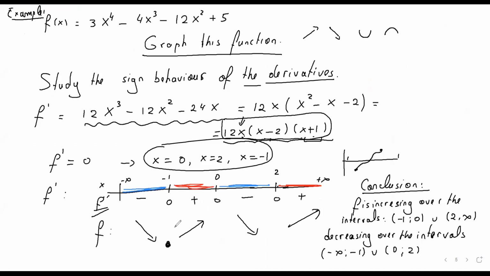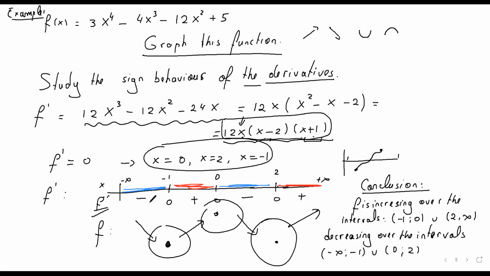It tells us that right above -1 or below -1 for that matter, we're going to have a local minimum because the function is going down and then going up. So it stops there at that point. And likewise here at 0, there's going to be a local maximum because of the same behavior. And likewise here at 2, there's going to be a local minimum. So we can actually say what these points of local minimum and maximum are by studying the behavior of f.